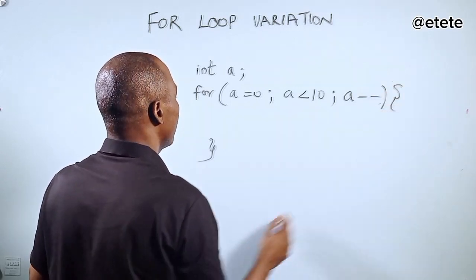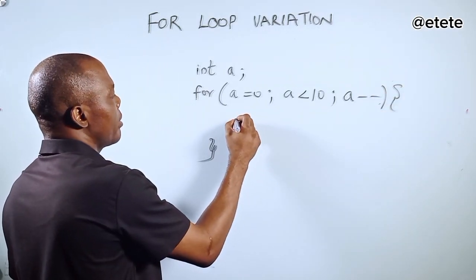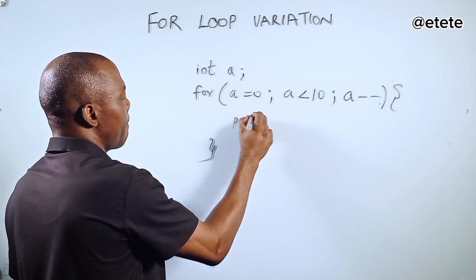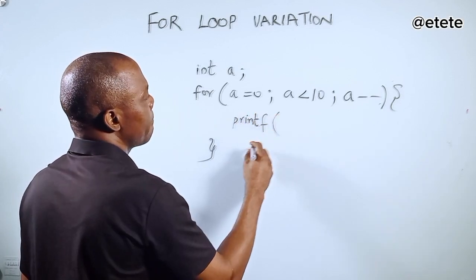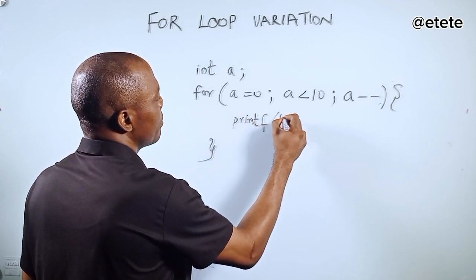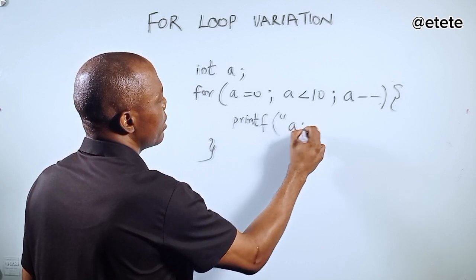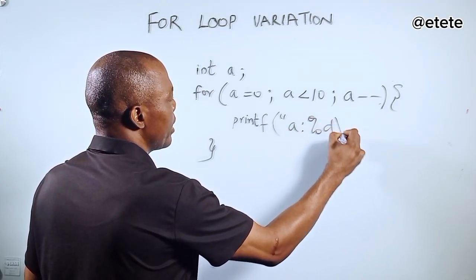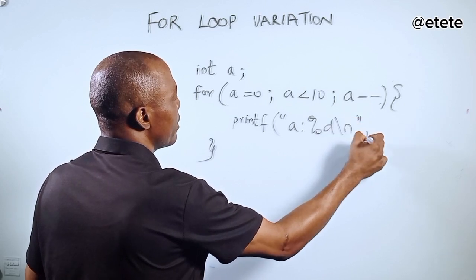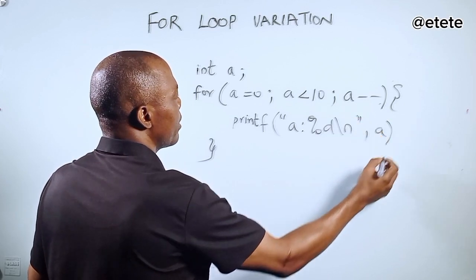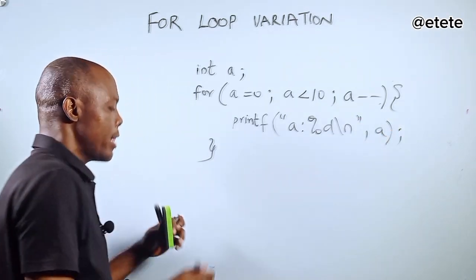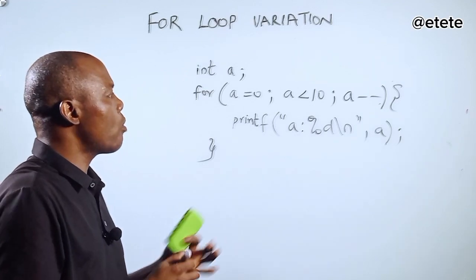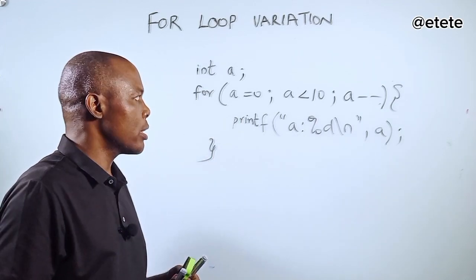Then I do this. Then printf, a, then percentage d, and then slash n. Then I say a, and I close this. Now, if I have something like this, what do you think will be the output on the screen?